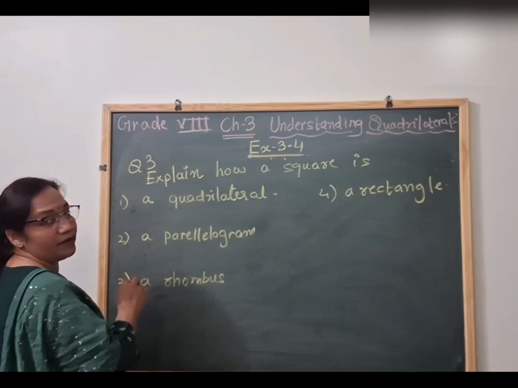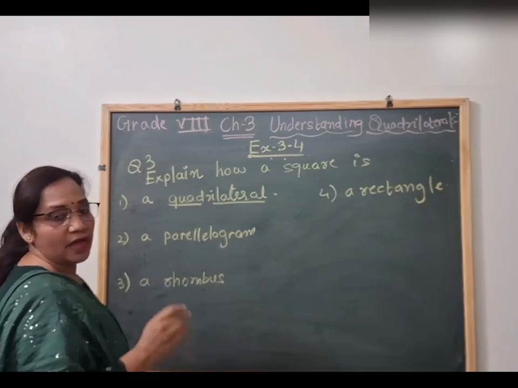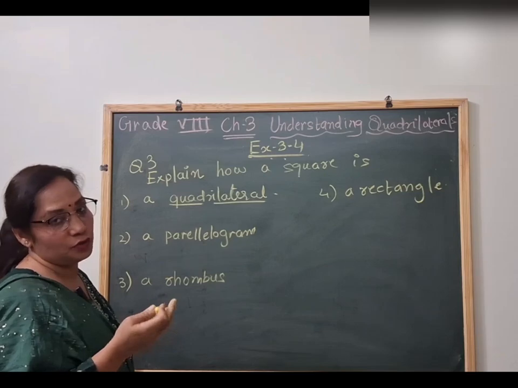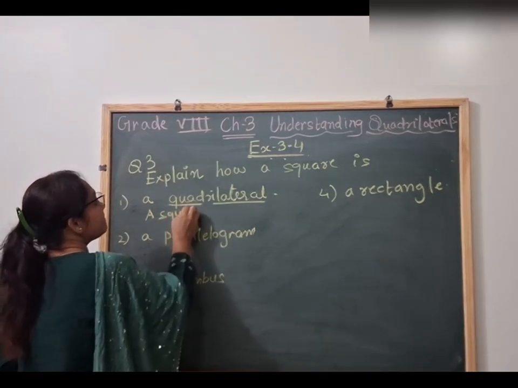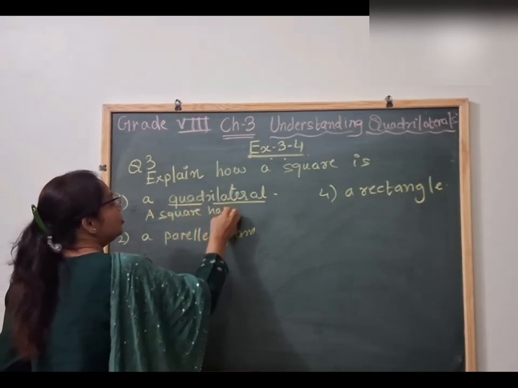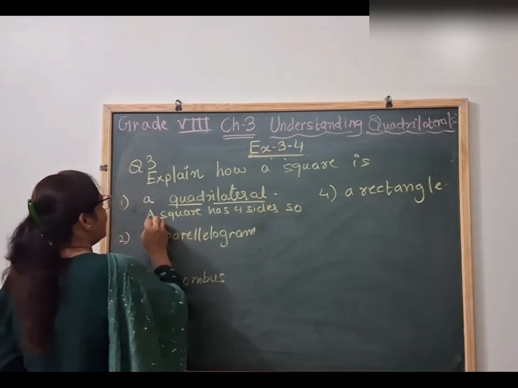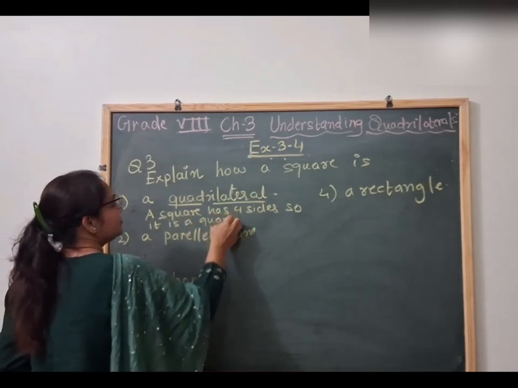Now what is a quadrilateral? Quad means four, lateral means sides. Any figure having four sides is a quadrilateral. A square is a four-sided figure, so it is a quadrilateral. Simple. A square has four sides, so it is a quadrilateral.